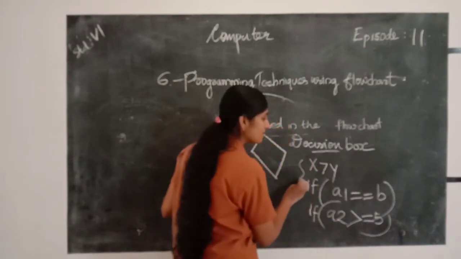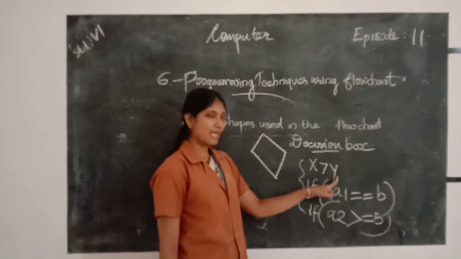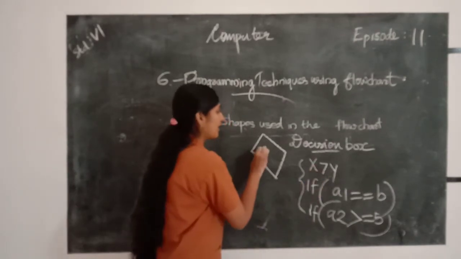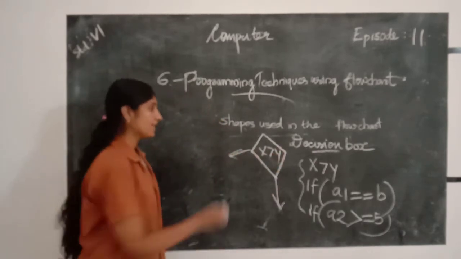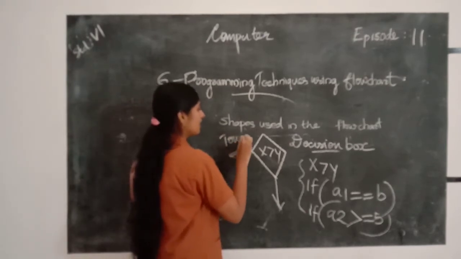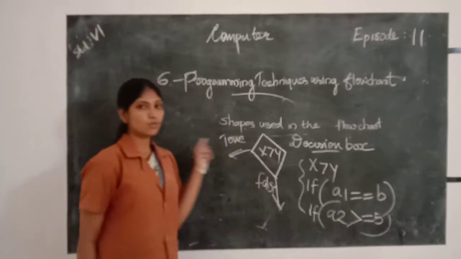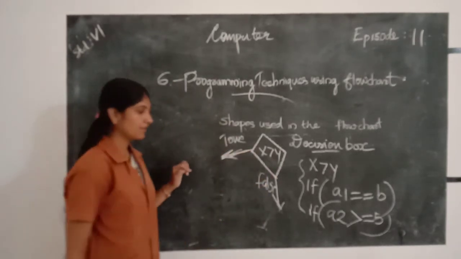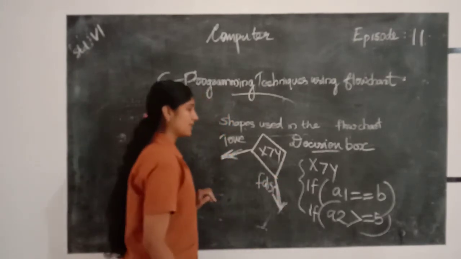So these are some conditions. Conditions means x greater than y, means if x is greater than y, you have two results. There is a true condition and also a false condition. If it is true, you can use the true condition statement. If it is false, you can go to the false condition statement.